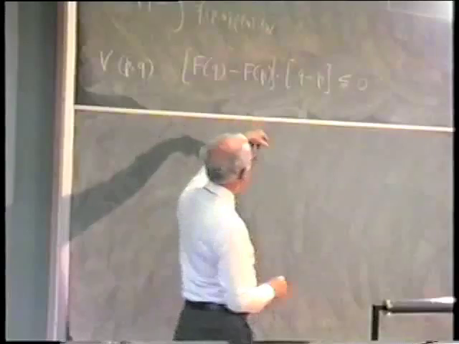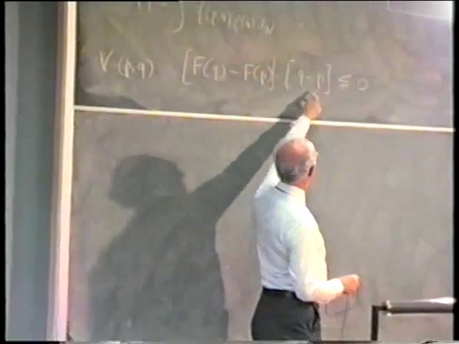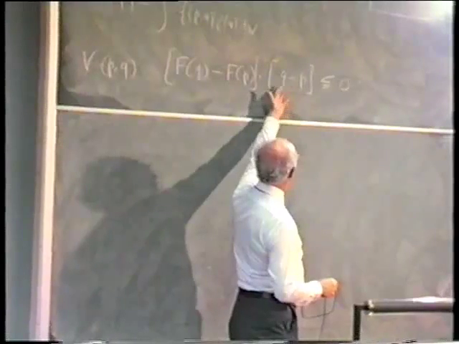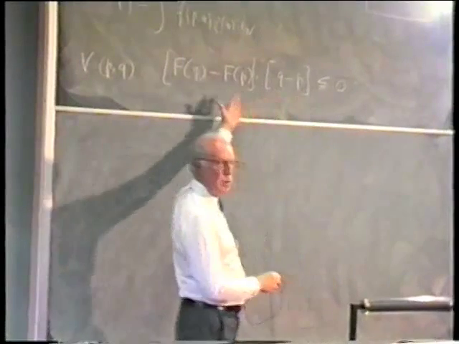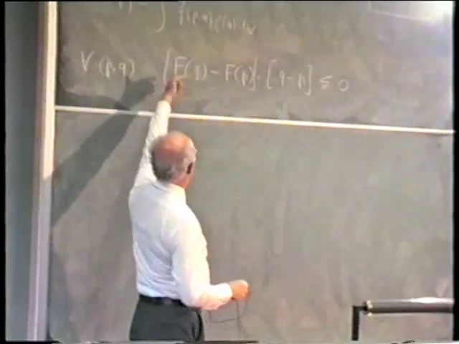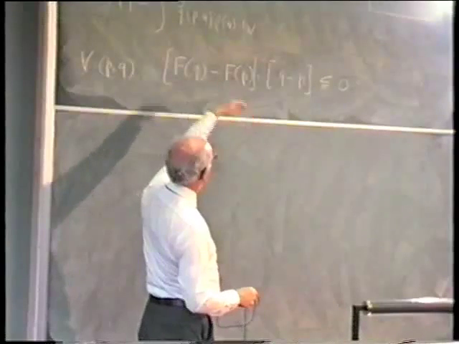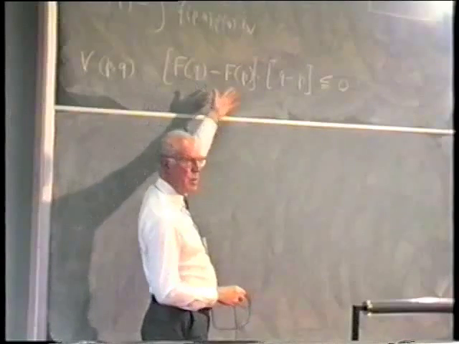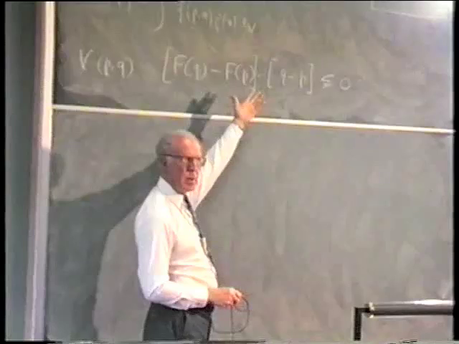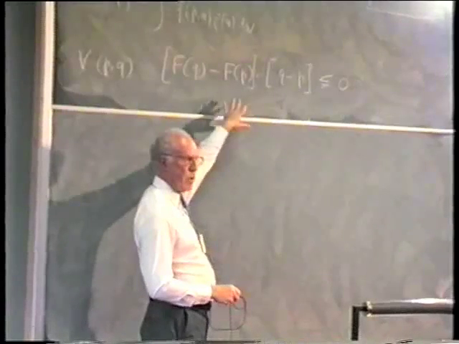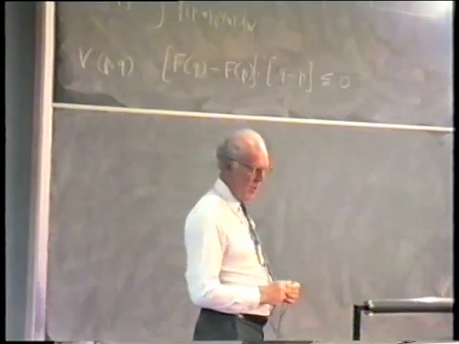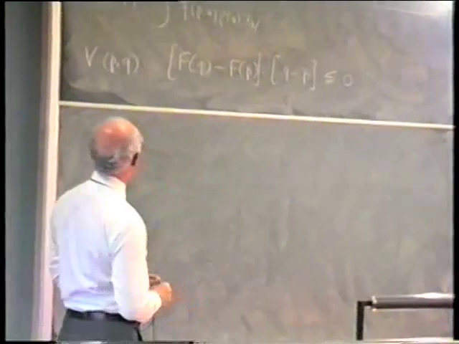Because if you vary only one coordinate of the price vector, let us say of the first commodity, all the other coordinates being 0, then that tells you, of course, that if you increase P1 to Q1 greater than P1, then it tells you that F1 of Q will be smaller than or equal to F1 of P. This is a much stronger result. And at last we have a justification, a theoretical justification for this.